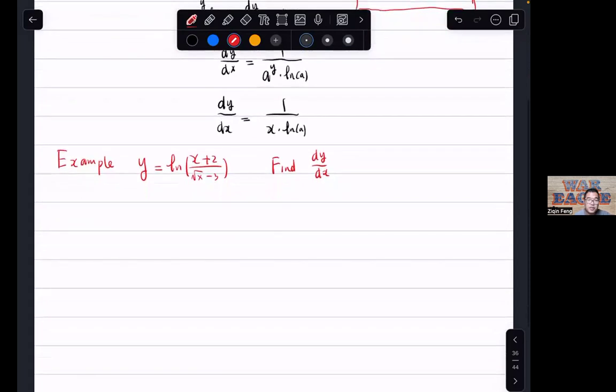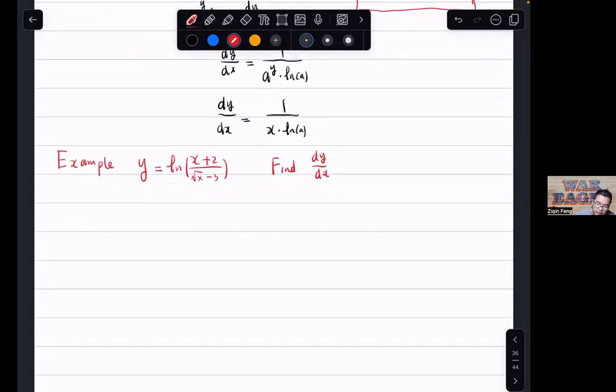Our first approach is just differentiate that, right? So we can use the chain rule and quotient rule, sum rule, difference rule. So dy over dx is, by the chain rule, we know the derivative of natural log is 1 over whatever is inside. You get 1 over (x plus 2) over root x minus 3. Now you want to differentiate the inner function, right? You want to use the quotient rule.